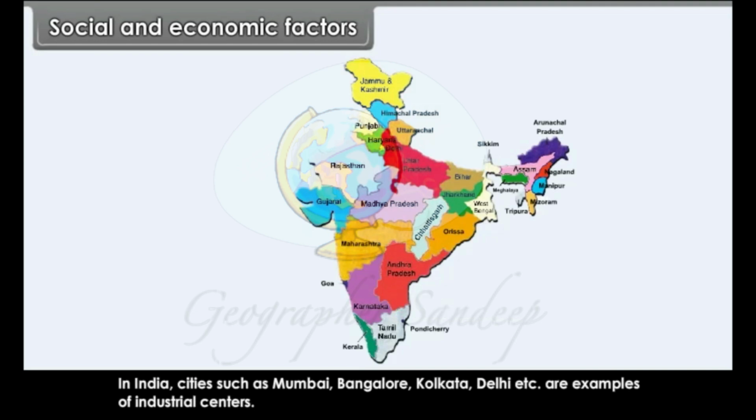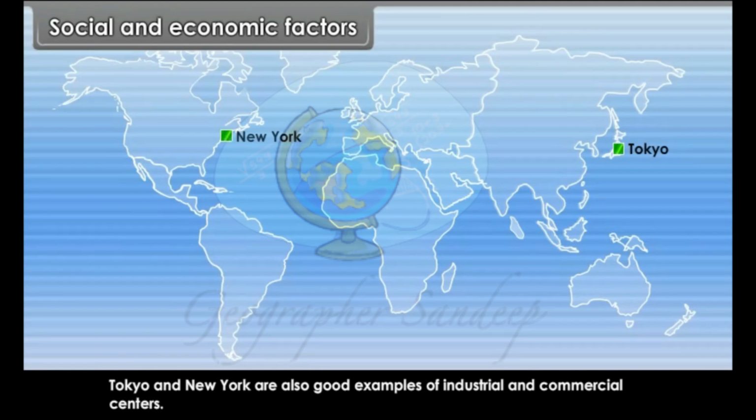In India, cities such as Mumbai, Bangalore, Kolkata, Delhi, etc. are examples of industrial centers. Tokyo and New York are also good examples of industrial and commercial centers.